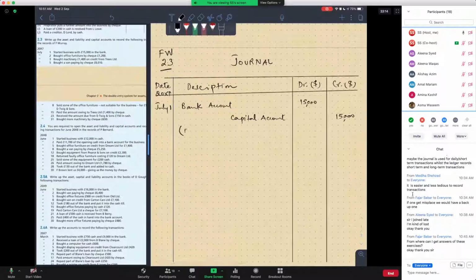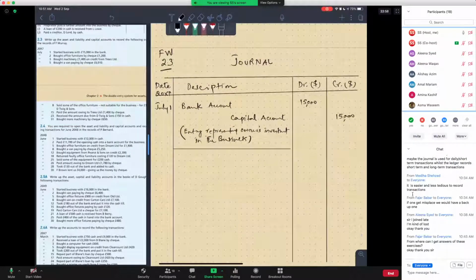For example, let me write it like this: entry representing owner's investment in the business. You write a small statement which simply describes the transaction that you have just entered, then you draw a line under the description, and that's how one transaction is recorded in the journal, right?